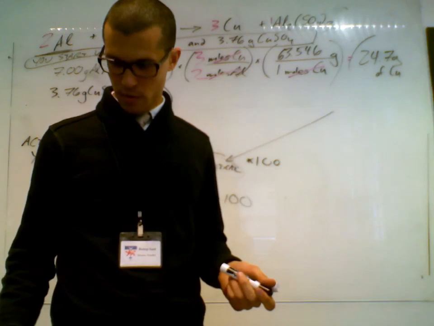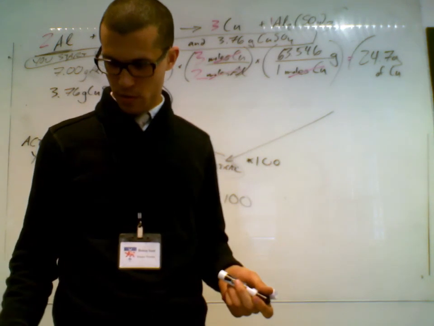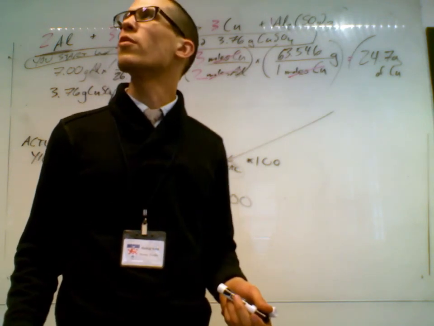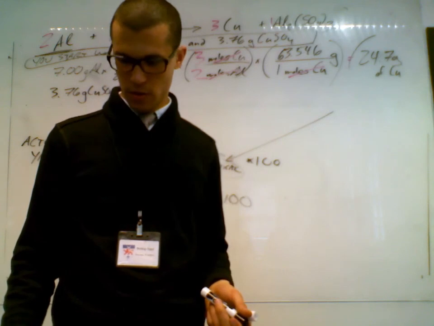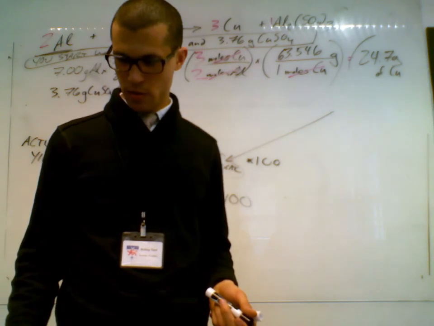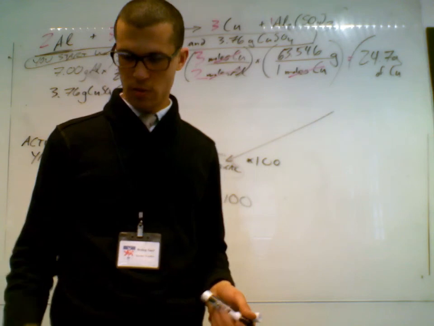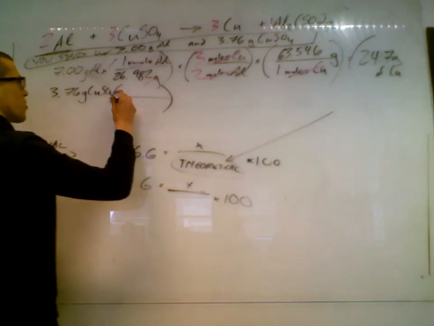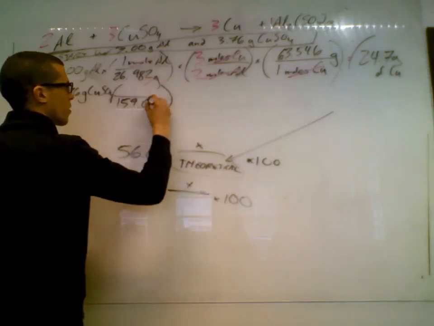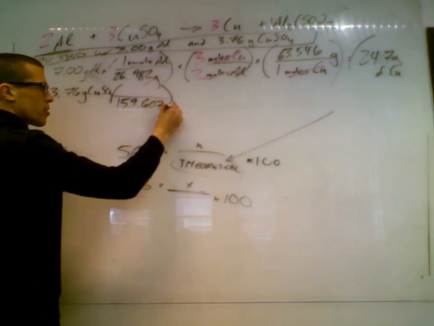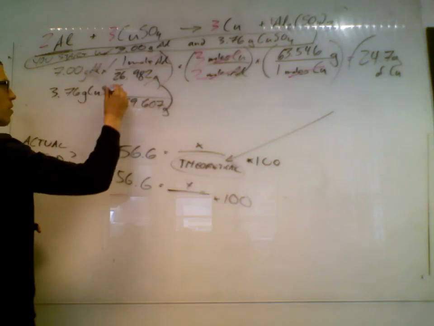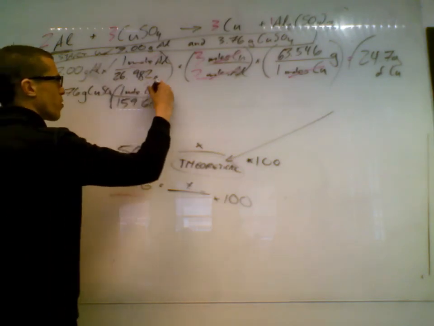It's 63.546, plus sulfur, plus four oxygens. That's 159.607 grams, so that's 1 mole of CuSO4.